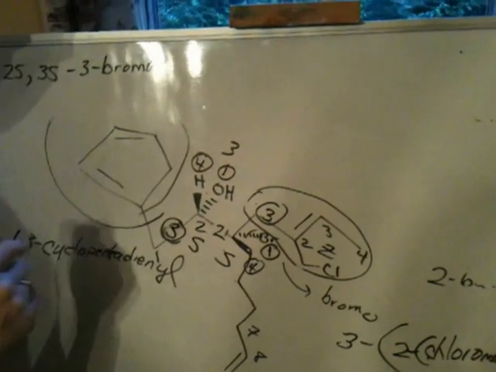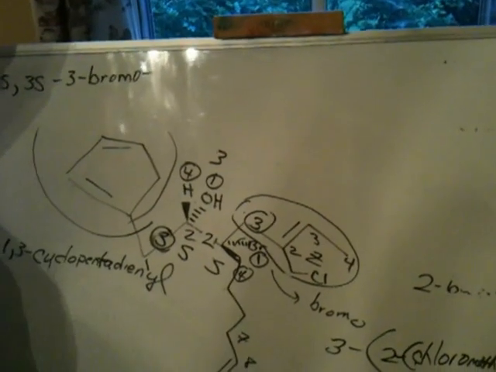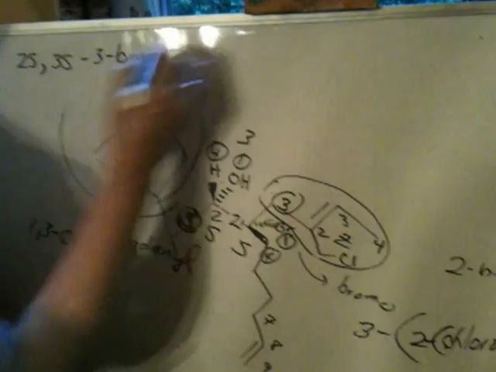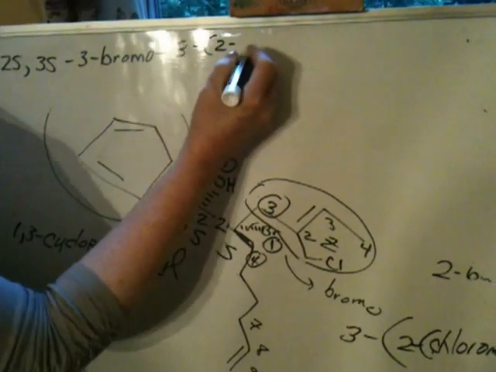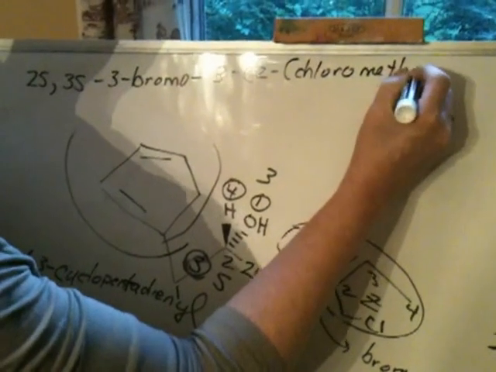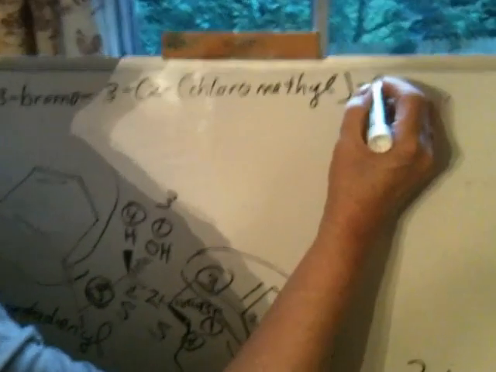Okay, what comes next in my name? I erased everything. I think it's this thing. So all we've got is this and this and this. That's pretty easy. So it's 3-(2-chloromethyl). I'm saying at the 2 position on the side chain, there's a chloromethyl, 2-butenyl.